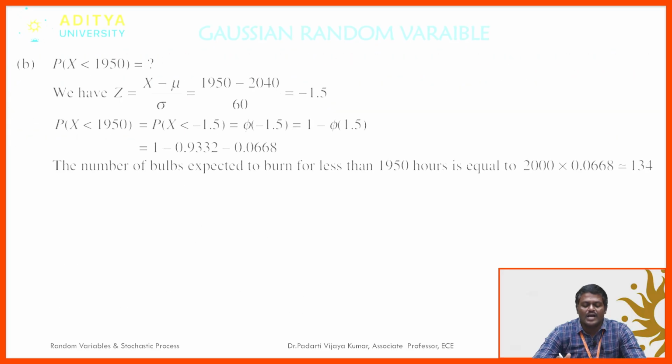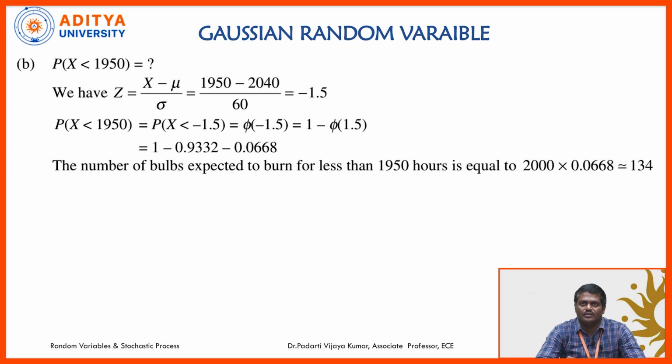Next one is less than 1950 hours. Again, we need to calculate the normalized random variable z equal to x minus mu by sigma. We will get minus 1.5. The probability of z less than minus 1.5 is equal to Q of minus 1.5, that is 1 minus Q of 1.5.